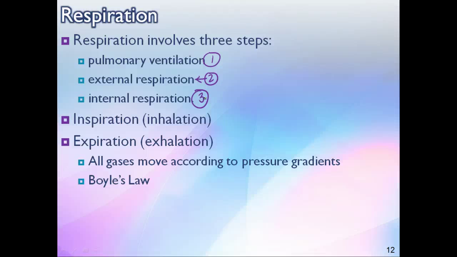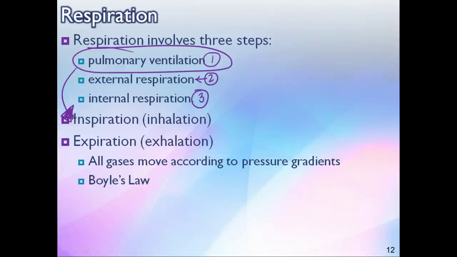Now, if we take a closer look at pulmonary ventilation, which is the first step we're going to discuss, this involves two processes: inspiration and expiration, or inhalation and exhalation. They are interchangeable.